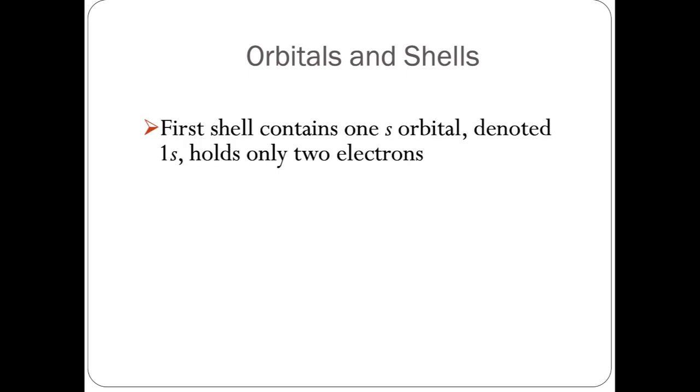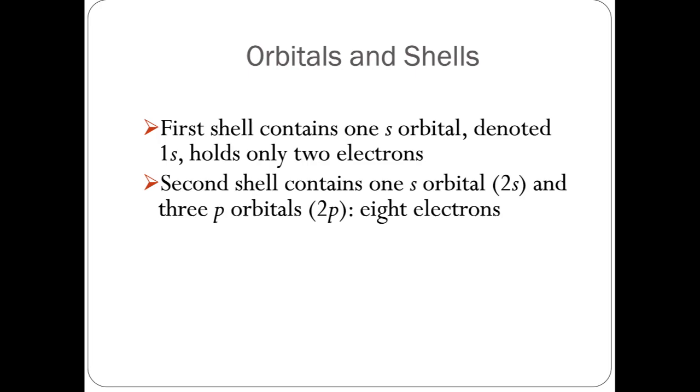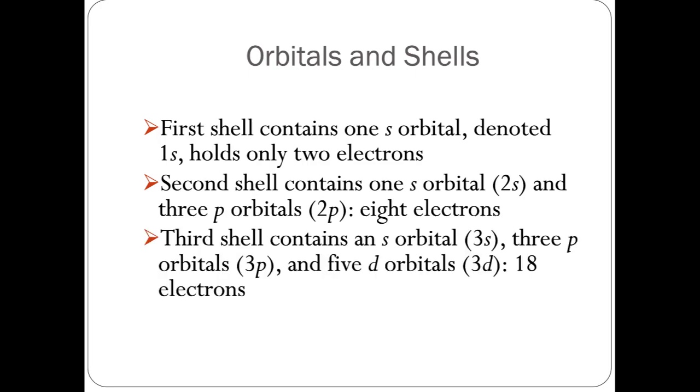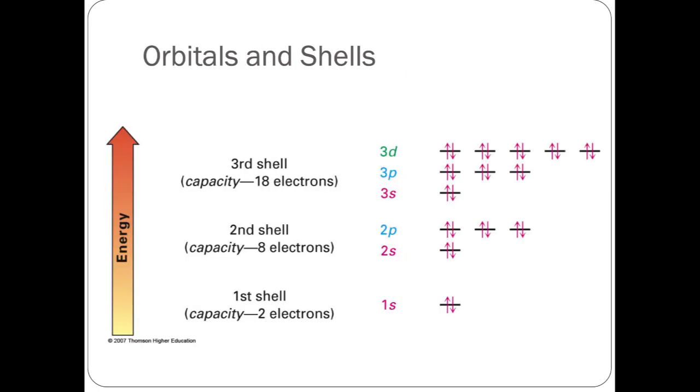The first shell contains 1 s orbital, denoted 1s, and holds only 2 electrons. The second shell contains 1 s orbital, 2s, and 3 p orbitals, 2p, holding 8 electrons. The third shell contains an s orbital, 3s, 3 p orbitals, 3p, and 5 d orbitals, 3d, holding 18 electrons.